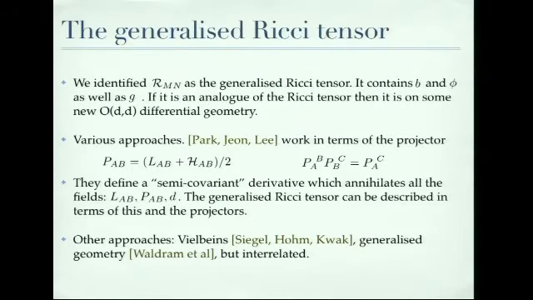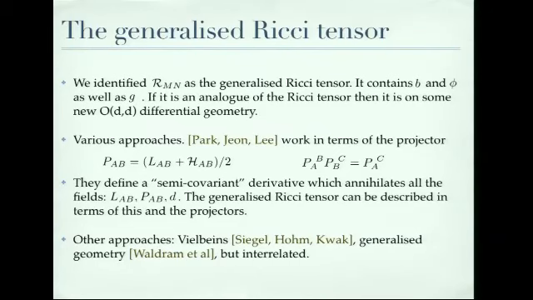Okay, so we identified this R tensor as a generalized Ricci tensor. So it's a function of the antisymmetric tensor and the dilaton as well as the metric. So if it's the analog of the Ricci tensor, then it's on some new O(D,D) differential geometry.